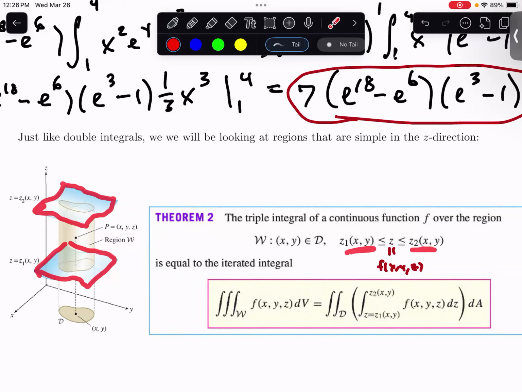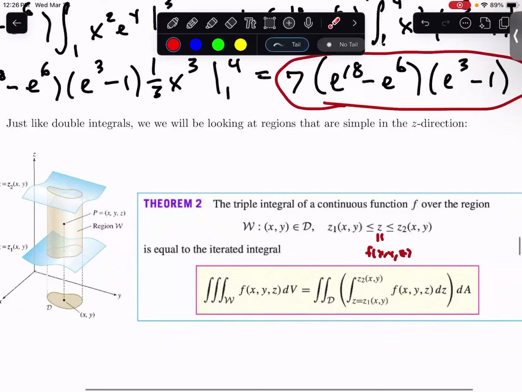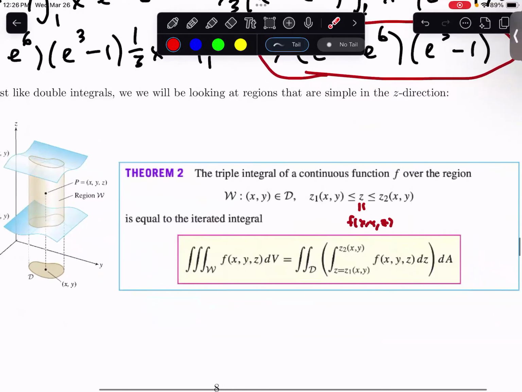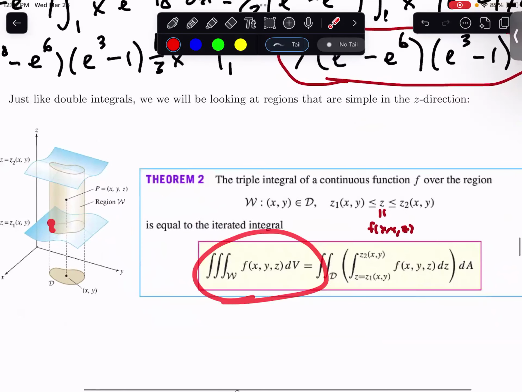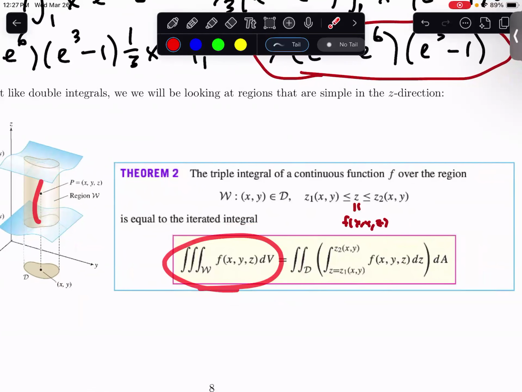The main point is that every single point within our region W is bounded between z1 and z2. So if you start at z1 and you go upwards, it always finishes at z2; the upper bound is given by z2. And if you have such a Z simple region, the triple integral over this three-dimensional region can be seen as the following iterated integral.